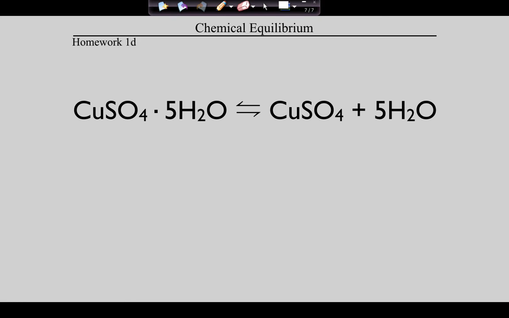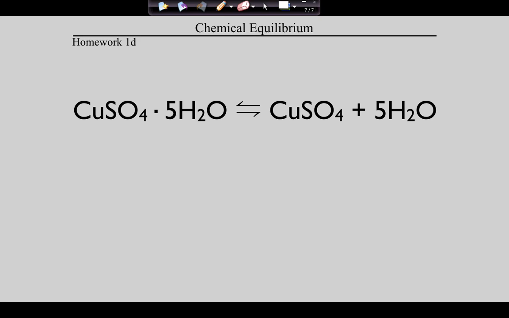So guys, that's literally what's inside this flask. You've got this very clear crystalline blue stuff, but there's 5 times as much water trapped inside this crystal as there is copper or sulfate. So there's all sorts of water trapped inside of here. So guys, how do we get the water out? The answer is heat it.